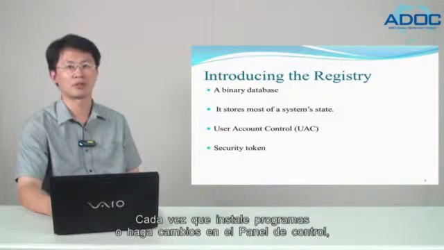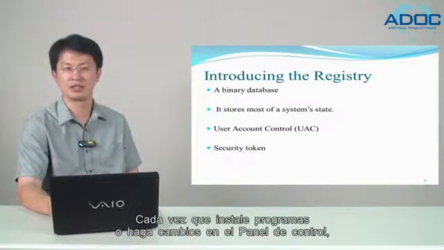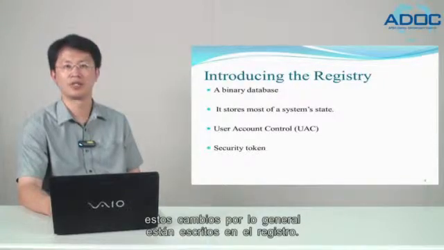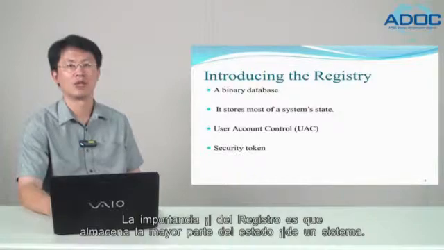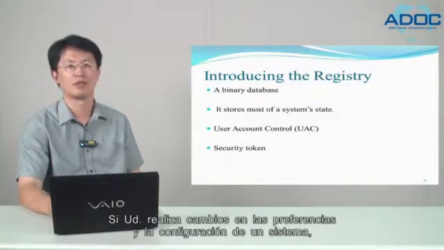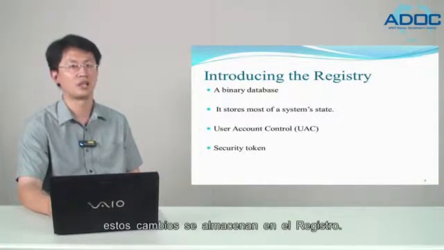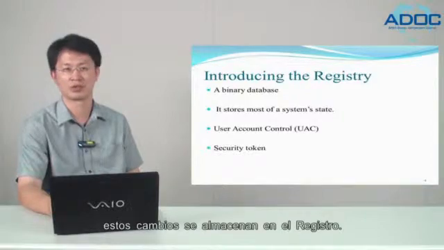Anytime you install programs or make changes in Control Panel, these changes usually are written to the registry. The registry's importance is that it stores most of the system's state. If you make preference and setting changes to a system, these changes are stored in the registry.